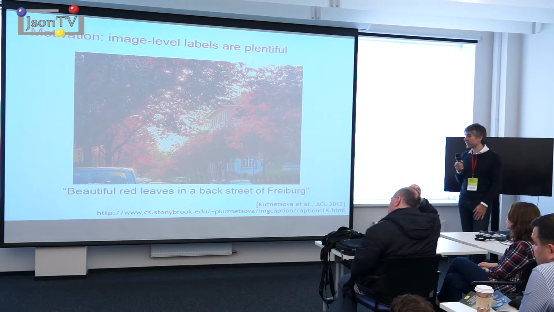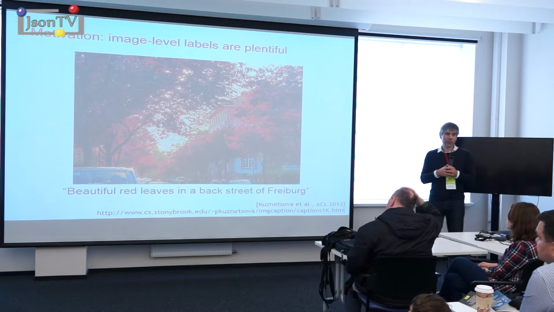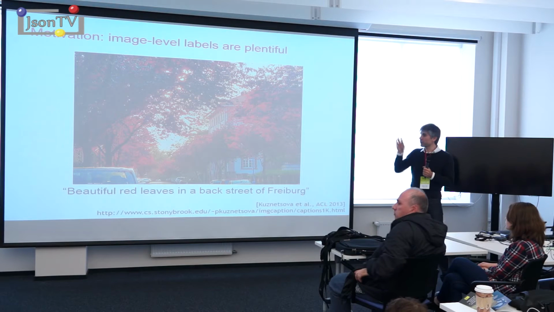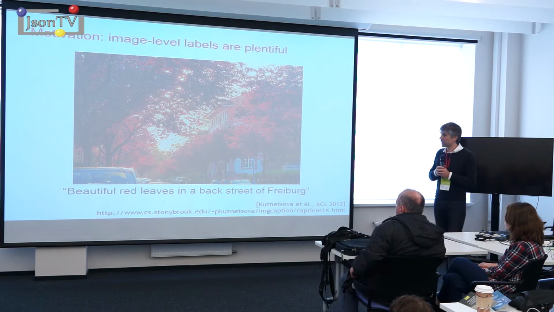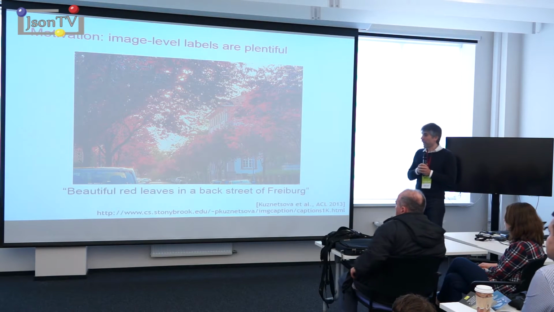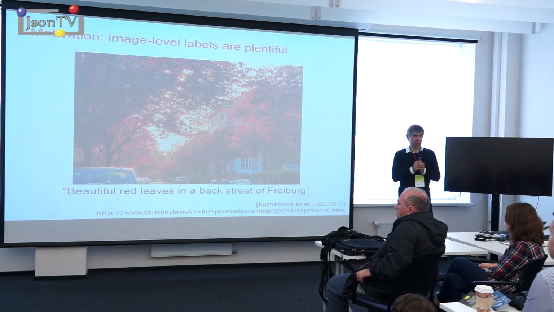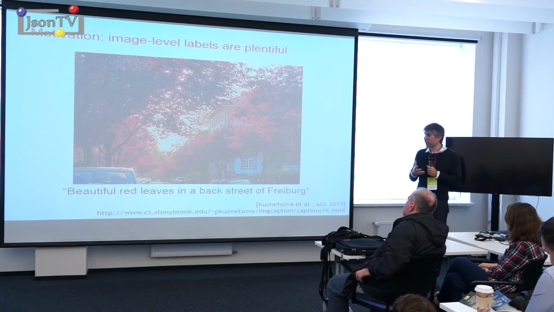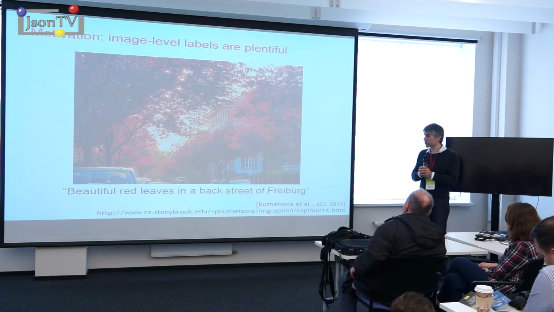Why is it interesting? Well, if you just say the image has a car or not, this is easy to annotate, but actually there is plenty of data on the internet which may allow us to do completely automatic supervision.